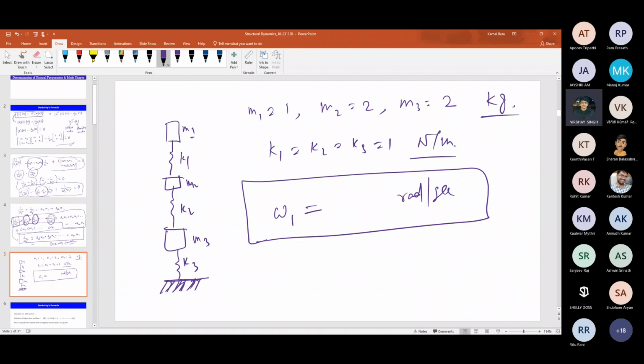Tell me in the fraction. Sir, I'm getting 1 by 3, sir. 1 by 3, 0.333, right? Yes, sir. So all are getting this result, or any difficulty? If you have any difficulty, please ask me, because these are very straightforward things.